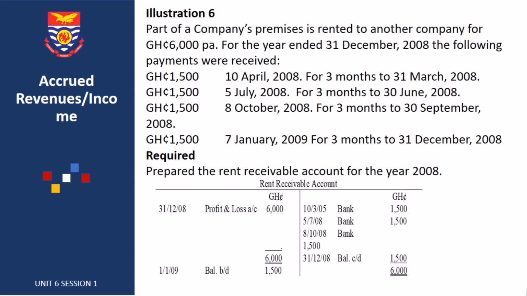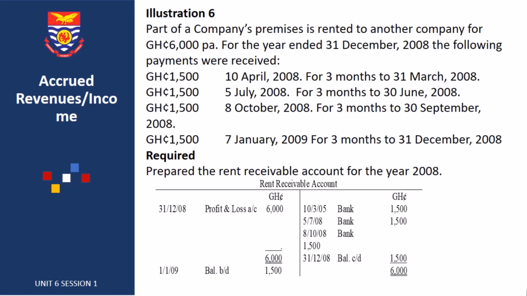So we see that this is an income which is due us, which we should have received, but we have not received as at the end of 2008. So this income is an accrued income or an accrued revenue. And so that is why we treat it as an asset under the current assets in the statement of financial position, because we are yet to receive it.